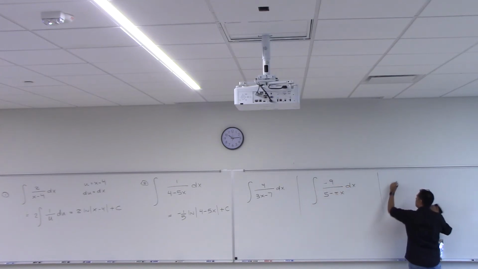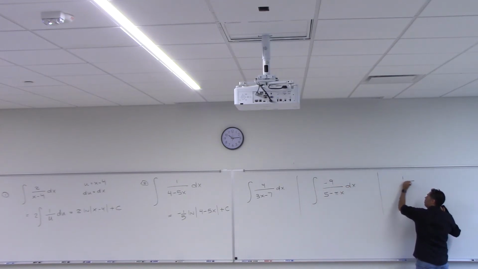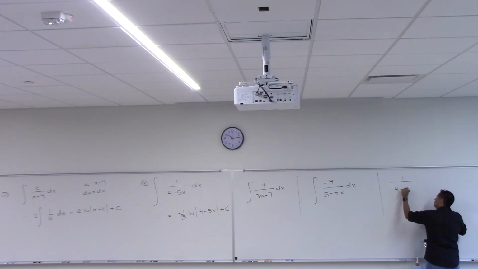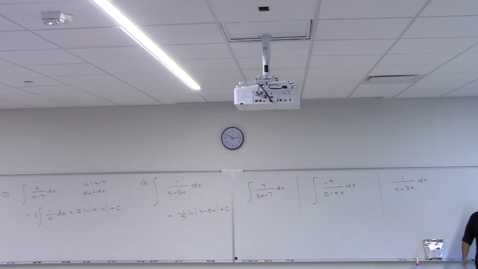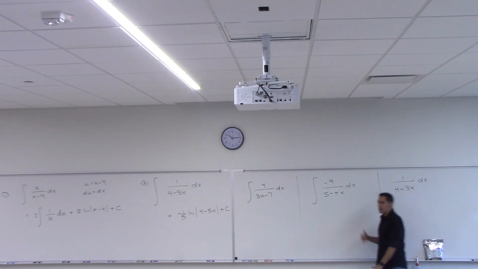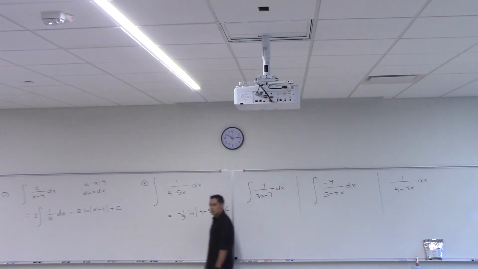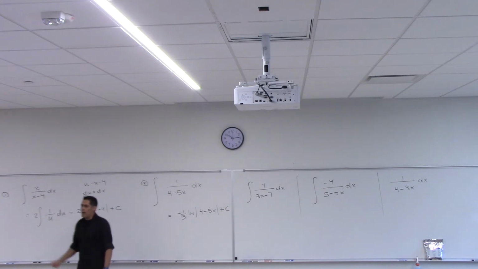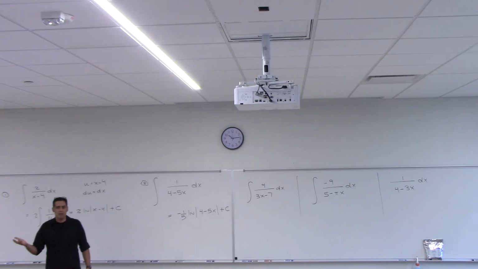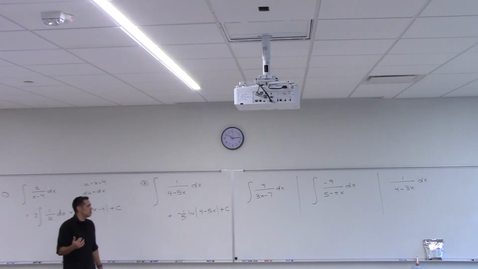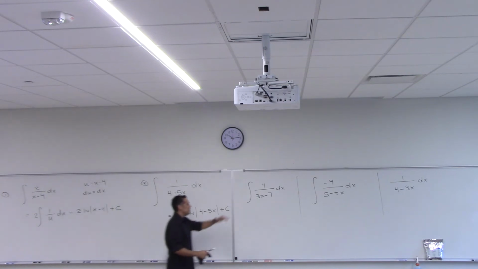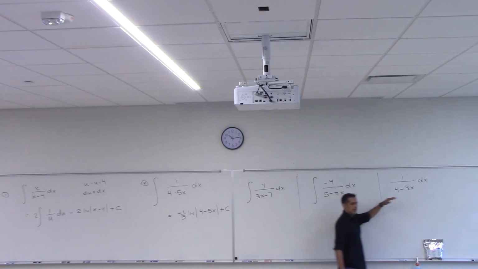How about 1 over, I don't know, all 3 of these are a constant over linear, right? Yeah. All 3 of them. So right away, you're thinking natural log. Basic u substitution. u would always be the denominator in these, right?